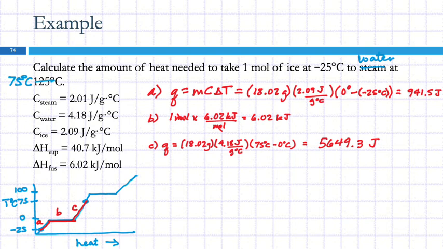We need to add these values together, but 2 of them are in joules and 1's in kilojoules. So if I have my 941.5 joules and I want to convert that to kilojoules, I'm going to be dividing by 1,000.